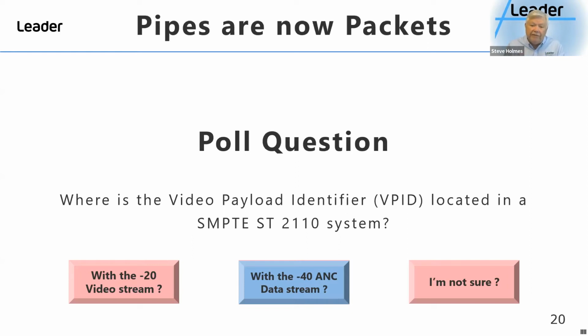So things like VPID, your captions, all of that data, any of the timecode information that would be up in the vertical interval on a line is placed in the -40 ancillary data stream. It does need to be remarried at some point with that video, but that's where all of this exists.